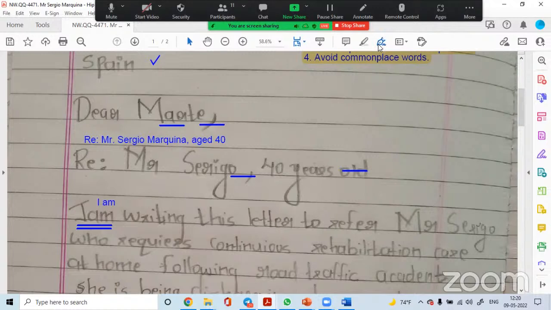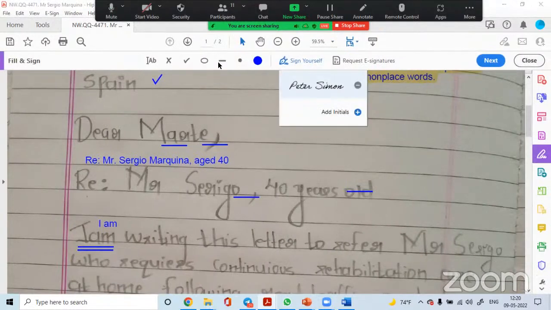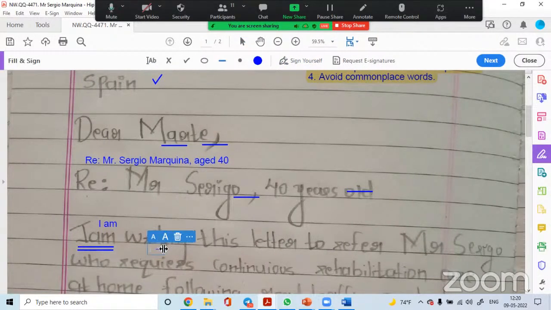This word writing is redundant. Now, what do you mean by redundant? Anybody who sees this letter will understand that you are writing this letter. "I am writing this letter" till here. Everyone knows that this is a letter. Then why do we want to tell that?